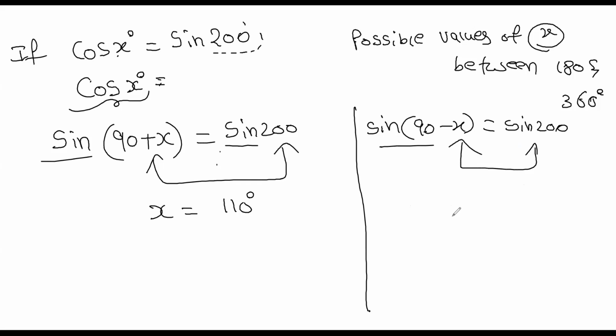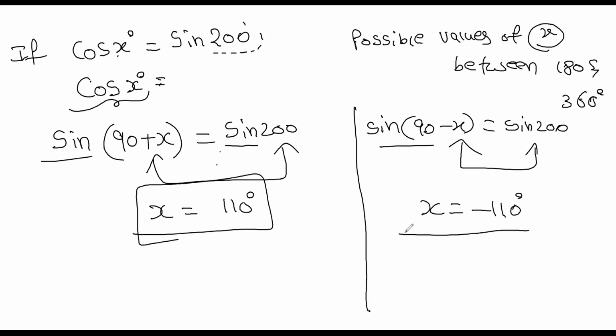So minus x will be equal to 200 minus 90, which is 110. Sorry, x we got as minus 110, right? So now we got the two values for x.